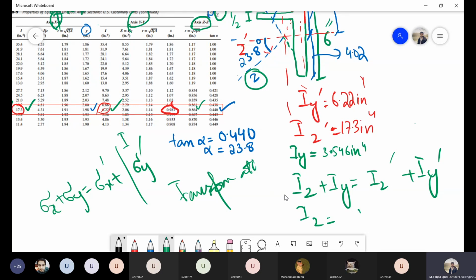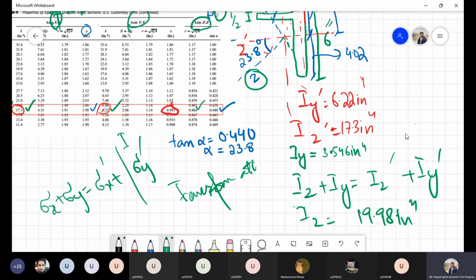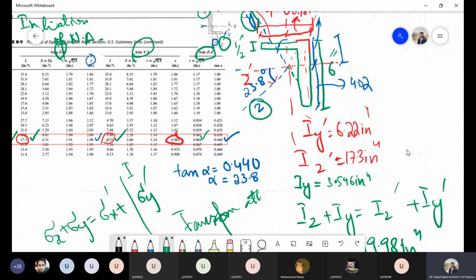If I substitute all these values, I will get Iz as 19.98 inches to the fourth. Now, over here, I have summarized all the geometric properties of my section, which was given in the question, by using the section tables or by using a brief concept from the transformation equation.